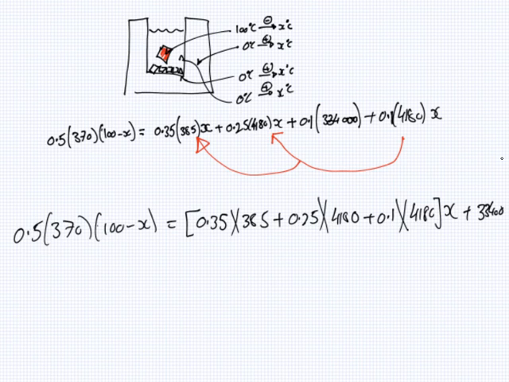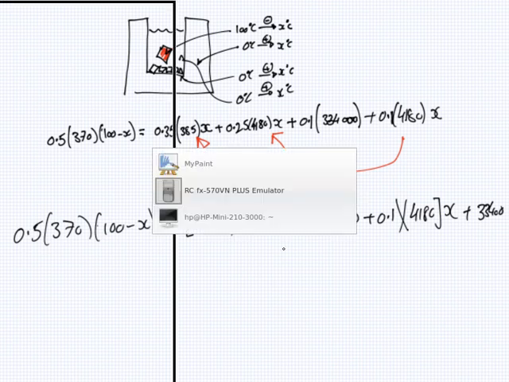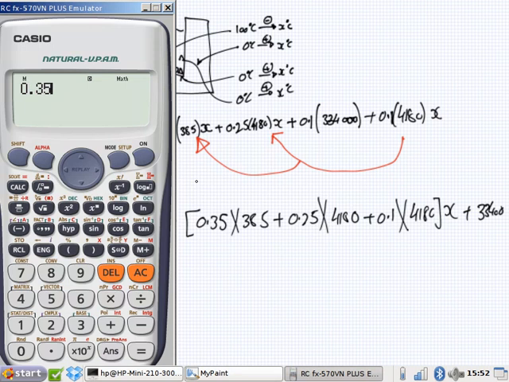17.1. Oh no, I did it myself. 0.35 times 385 plus 0.25 times 4180 plus 0.1 times 4180.